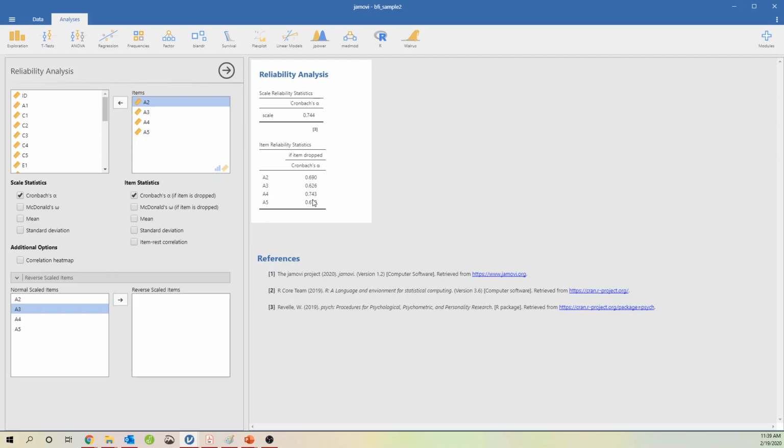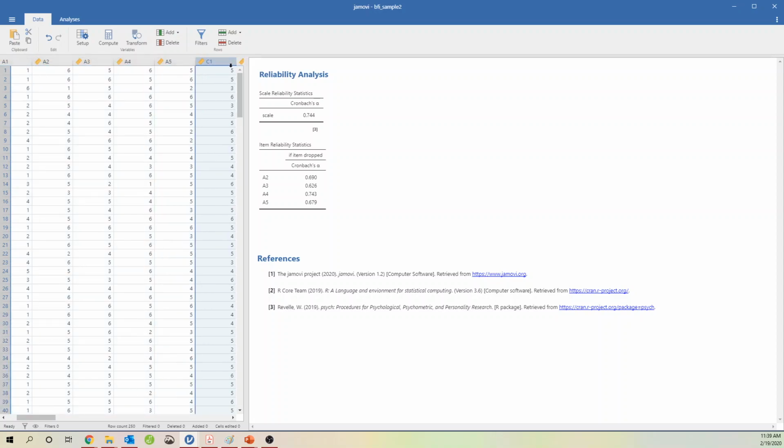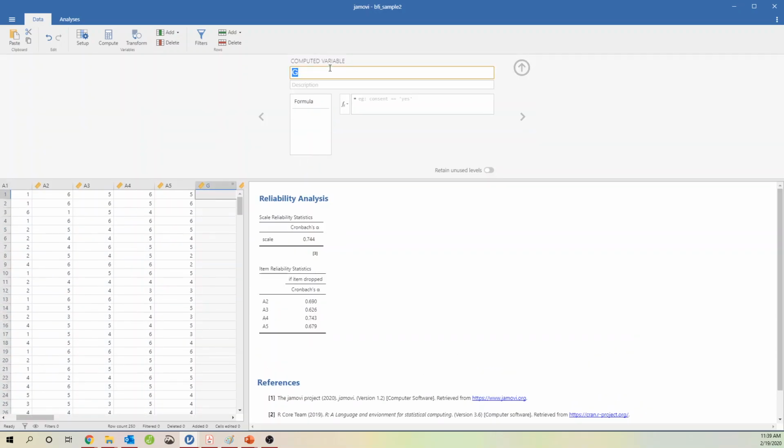Let's now see where that Cronbach's alpha comes from. And in reality, basically what it is the average correlation between all of the variables. So here's what I'm going to do. We're going to create a new variable, a calculated variable, and we're going to call this mean A2 through A5.